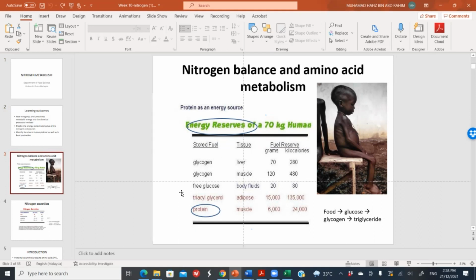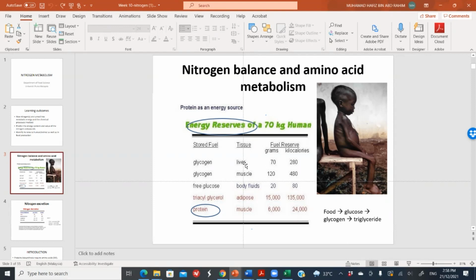Okay, as you can see from this table, there are two sites of glycogen. The first one is in liver and the second one is in muscle. In muscle, there is more glycogen because muscle will always need energy to move lah, to do all the movement in the body. And the glycogen in liver is actually lower, but it is important to stabilize the blood glucose level.